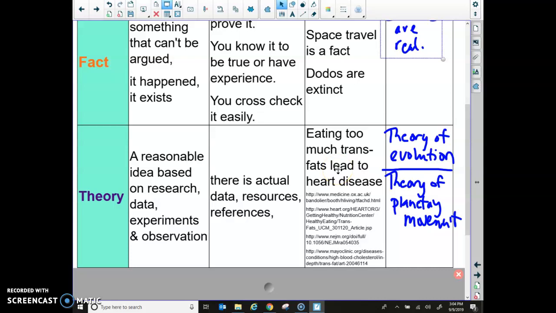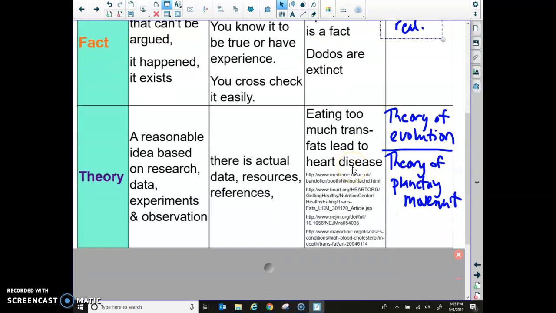Theories change if we get new evidence. If new evidence comes out and a scientist is proving them wrong, then we have to revise or change the theory. We have to improve upon it, or we might have to throw it out altogether and change it. But it's important that you understand that a scientific theory is not just a hypothesis. It is a hypothesis that has stood up to massive amounts of experimentation and research.